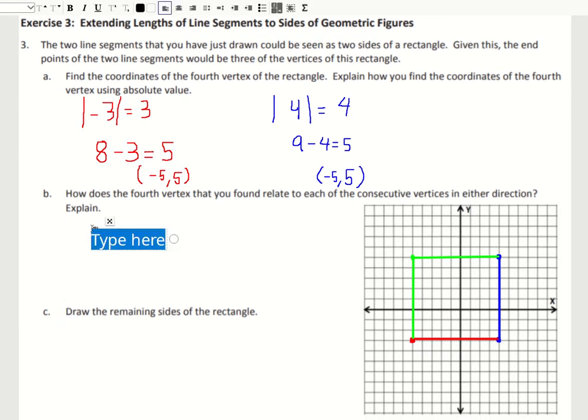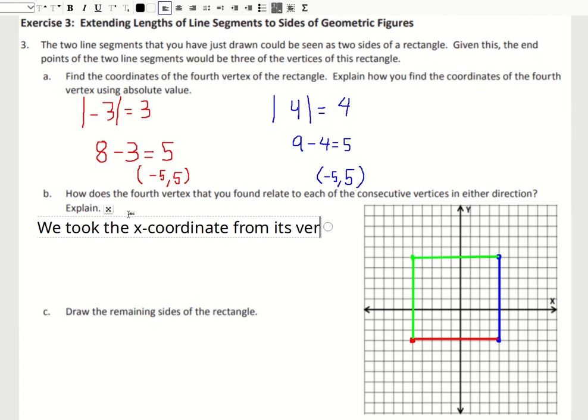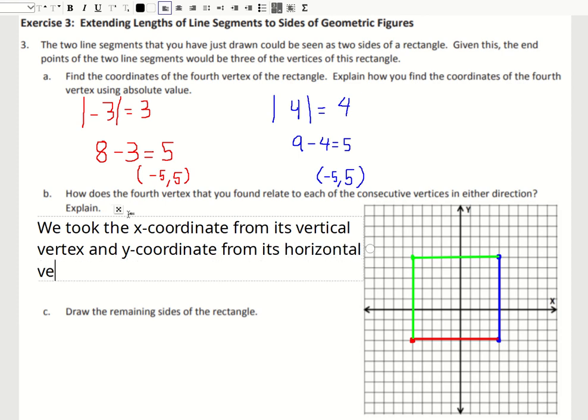So for this, we can say we took the x coordinate from its vertical vertex and the y coordinate from its horizontal vertex.